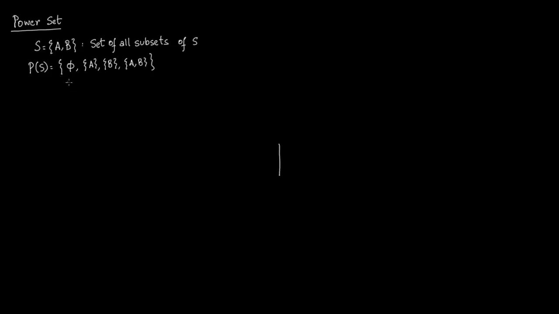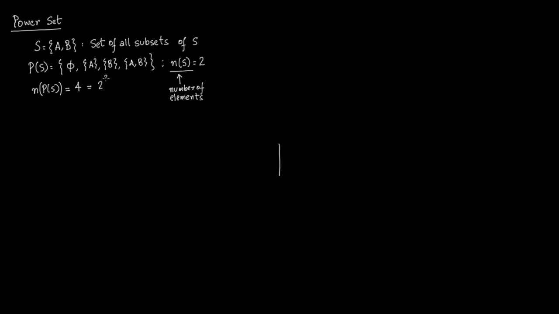Notice that if we count the number of elements in set S, we have just 2 elements. So let us write down n(S) means the number of elements in set S. And you count the number of elements in the power set P(S), you see there are 4 of them: the null set, set A, set B and set AB.